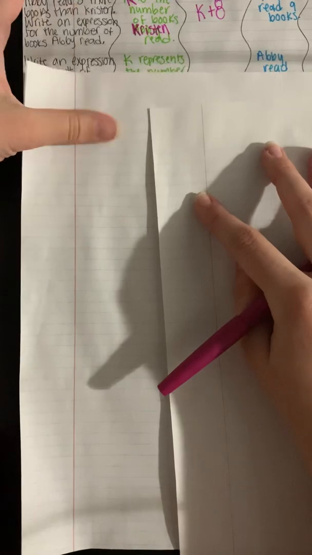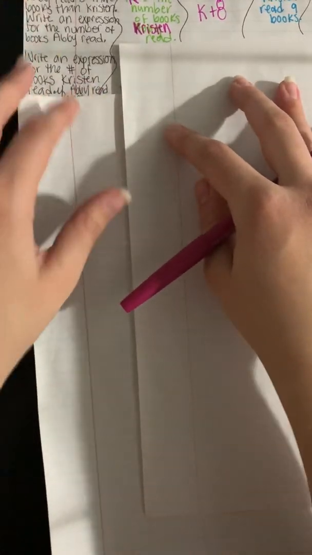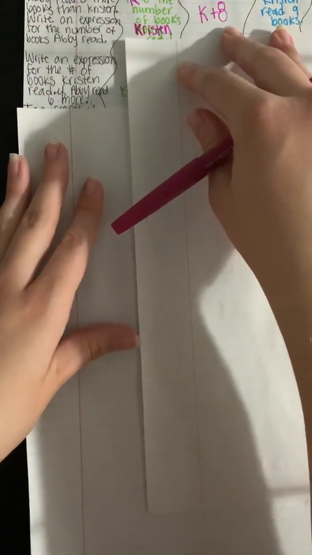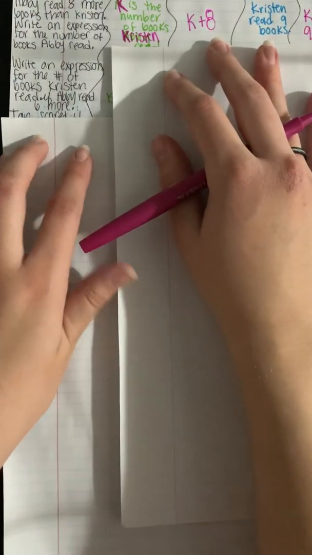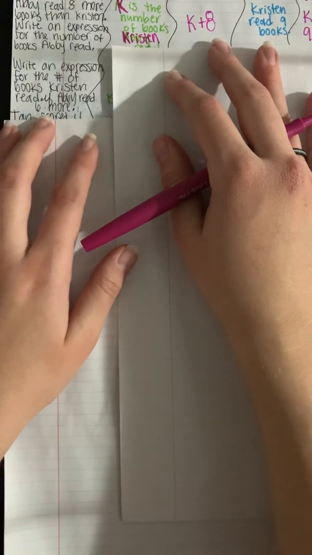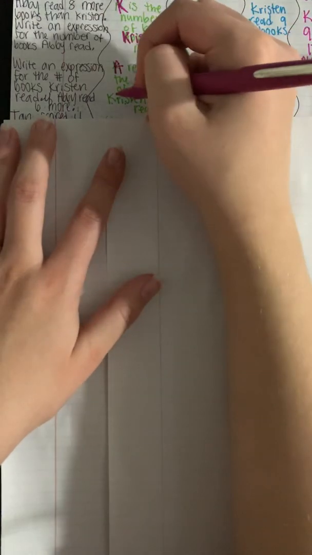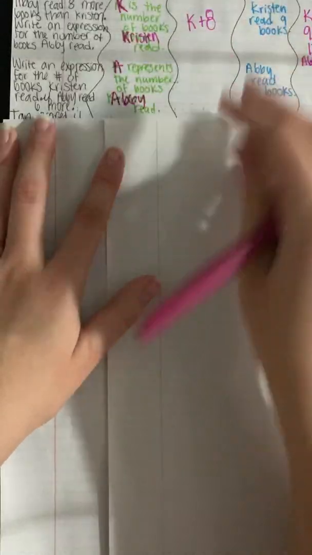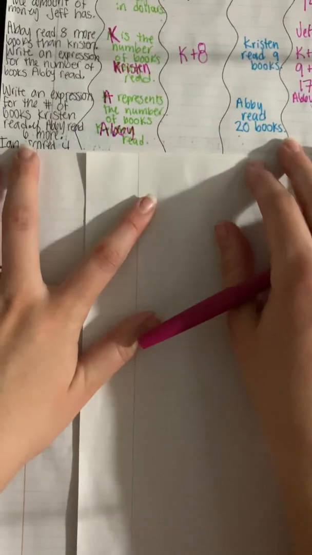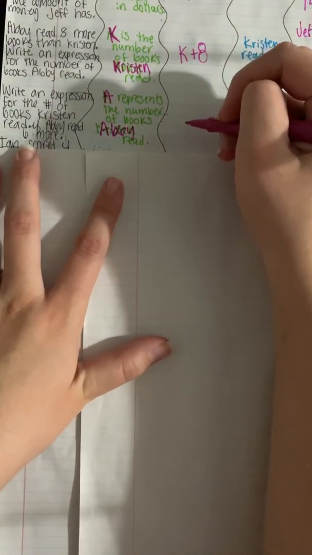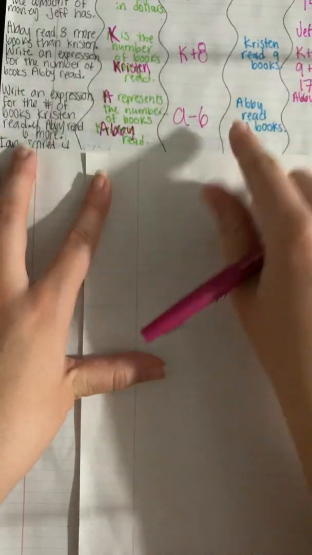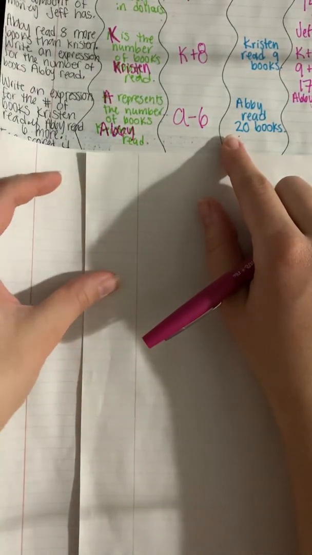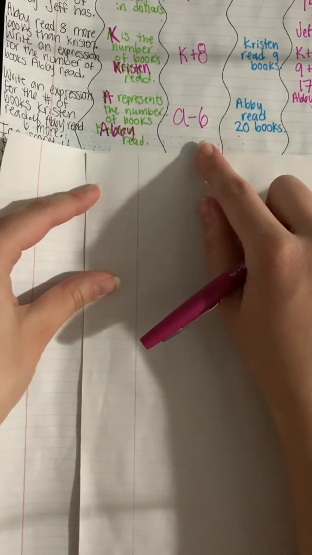So for the next chunk, we have: write an expression for the number of books that Kristen read if Abby read 6 more. So this time we have to let A represent the number of books Abby read. Our expression, therefore, will be the number of books Abby read minus the 6 more that she read than Kristen.